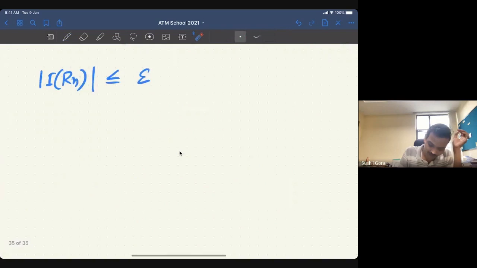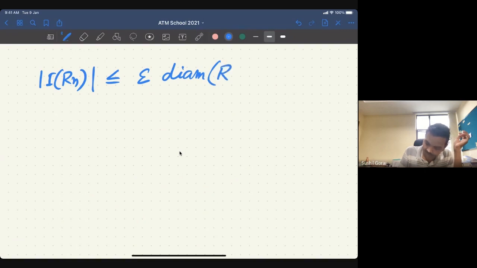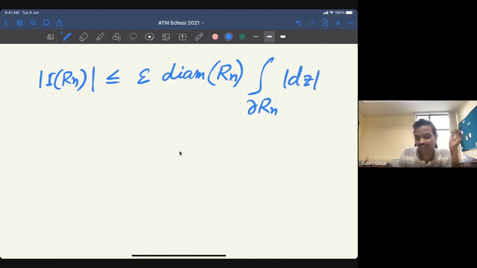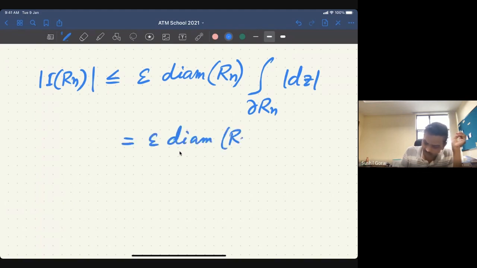So let's make it diameter of Rn, and you have the integration over del Rn of |dz|. And what is this? This is the length of the curve del Rn, which is just the perimeter of the rectangle. So this is epsilon times diameter of Rn times length of del Rn.